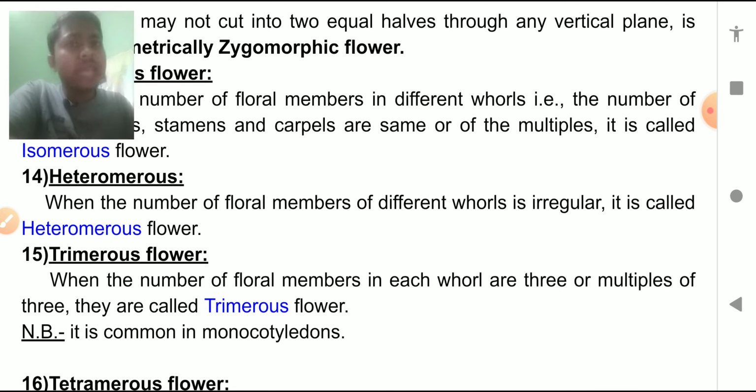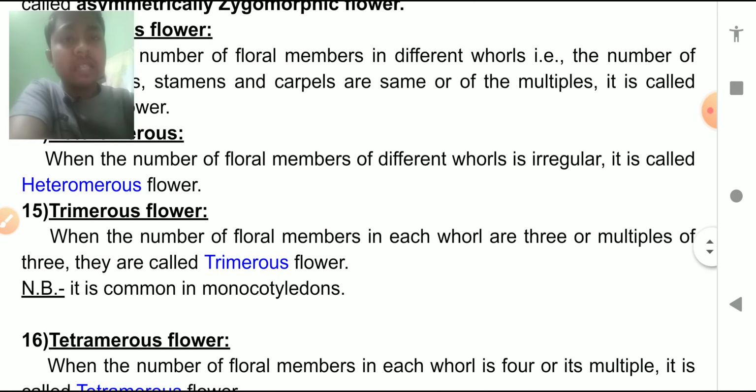Like sometimes the calyx is present in 3 or 5, but the corolla may be 10, 12, 13, 15, not similar to or a multiple of the calyx. And the same thing happens in the androecium and gynoecium.